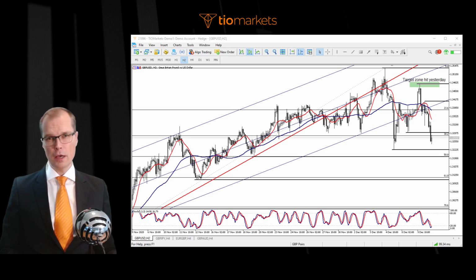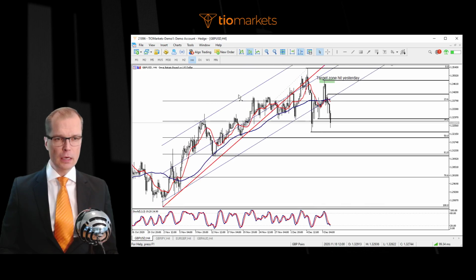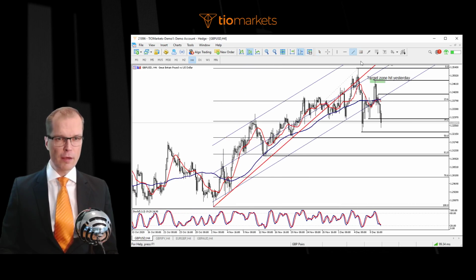Okay, so here we have pound USD in the 2-hour time frame as usual, but let's quickly go to 4-hour so that we can see a little bit more to the left. Looking at the chart in the 4-hour time frame, it sticks out that we have violation after violation of these trend lines.